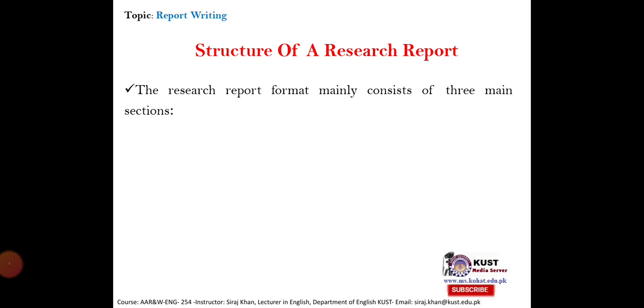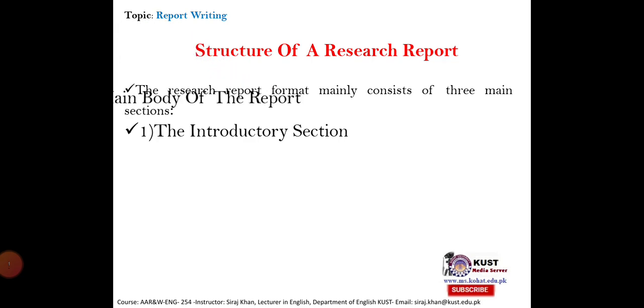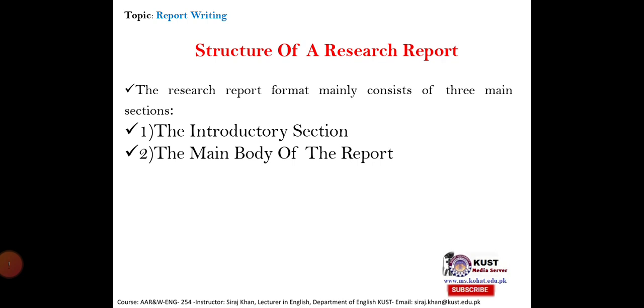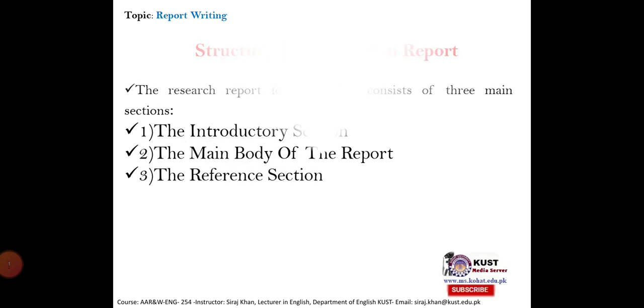The research report format mainly consists of three main sections. The first one is the introductory section. The main body of the report is the second section. And the third one is the reference section.